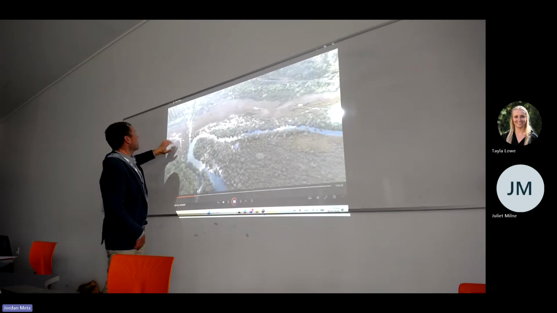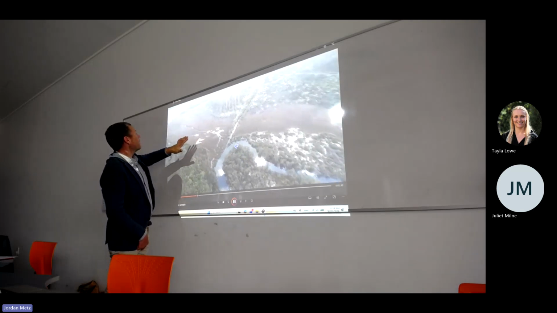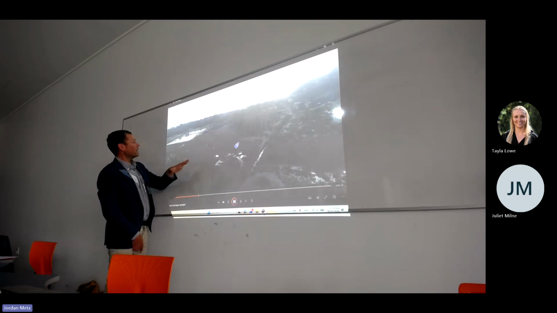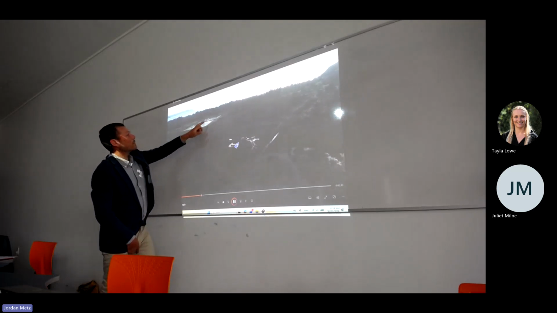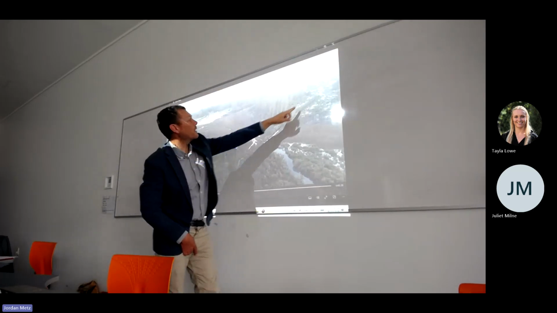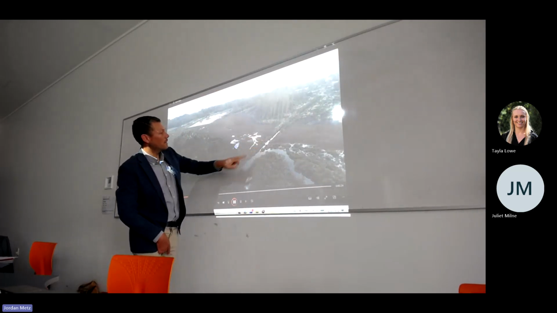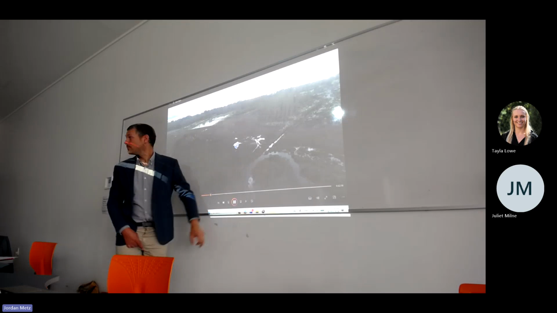So you'll see lots of reflection of water through these areas, and so at low tide, obviously, they won't be full of water. And here's the treatment plant, and the discharge is travelling out through here and out through this drain, and this is kind of where you'd expect to see highest concentrations.